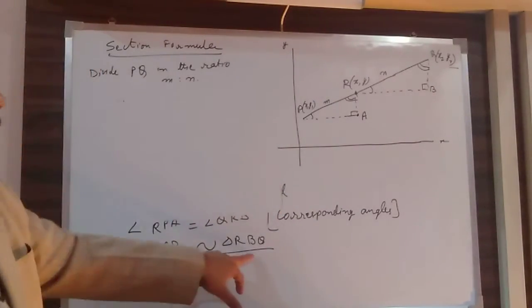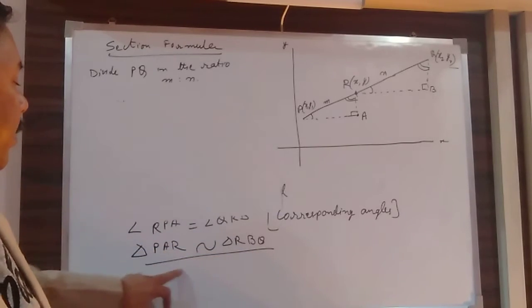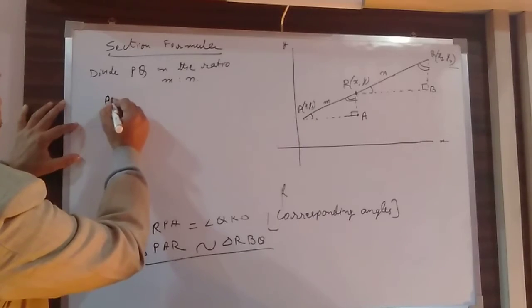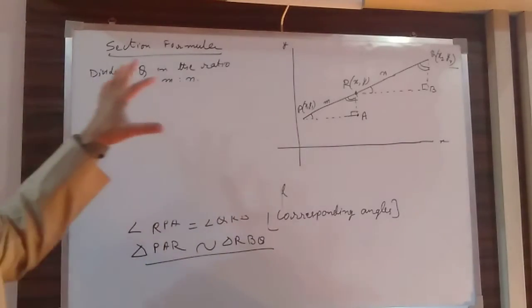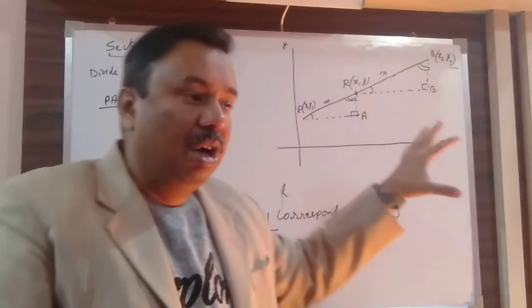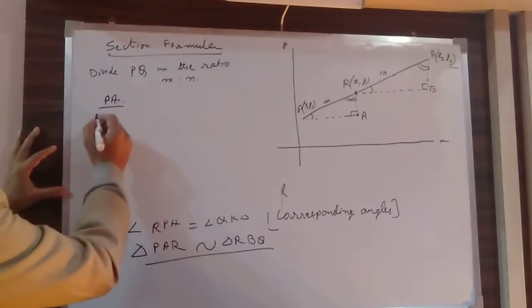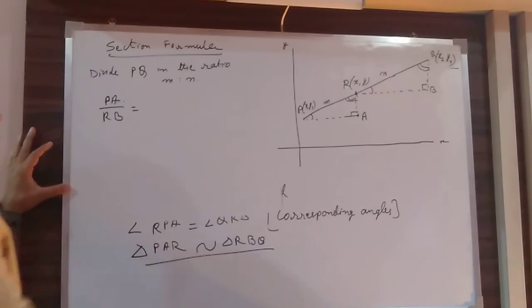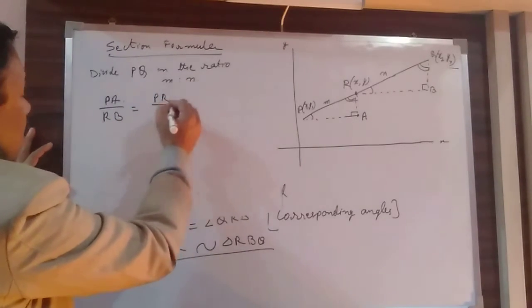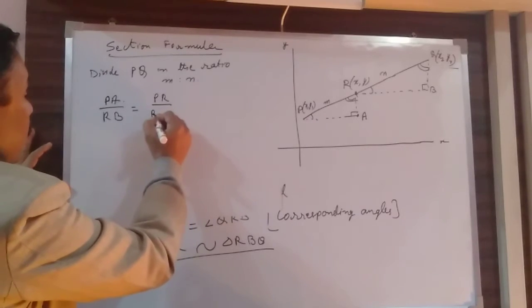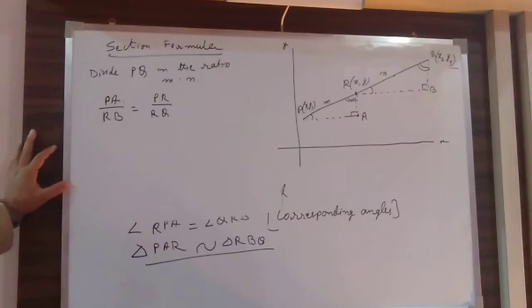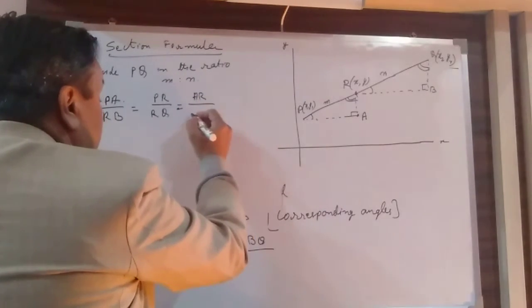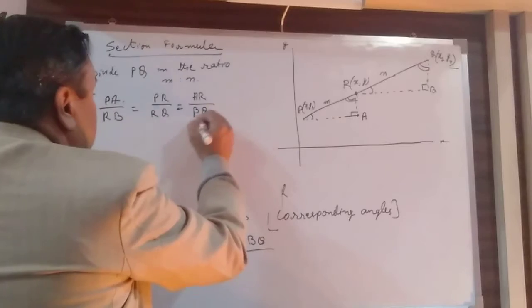Now, what result do I get from this? In similar triangles, the ratio of the corresponding sides is always the same. So I can write PA over RB is equal to PR over RQ, and this will be equal to AR over BQ.